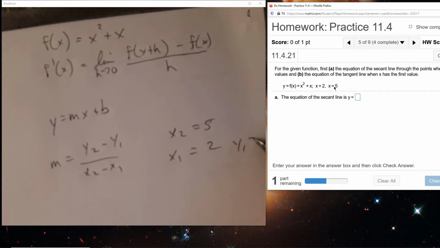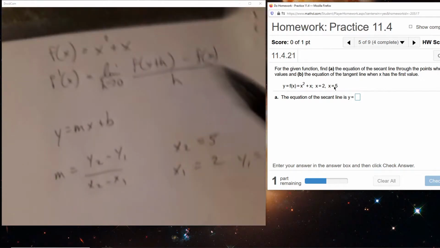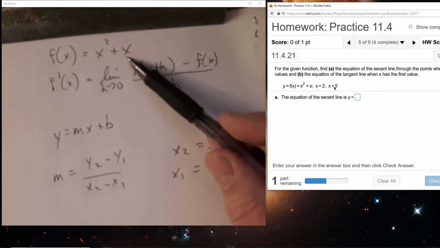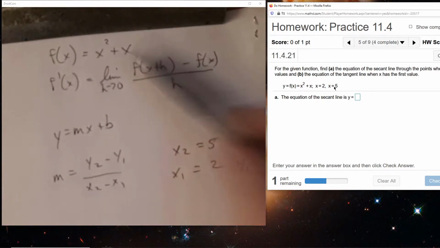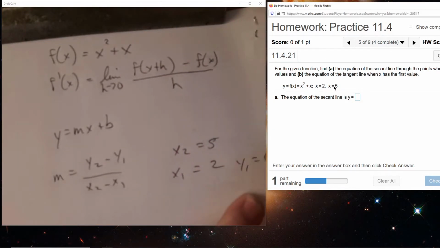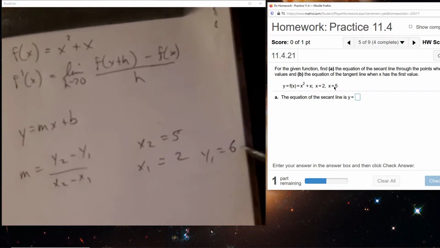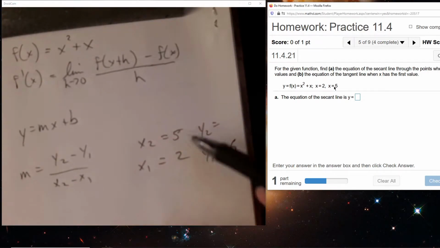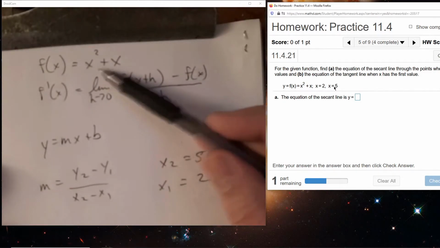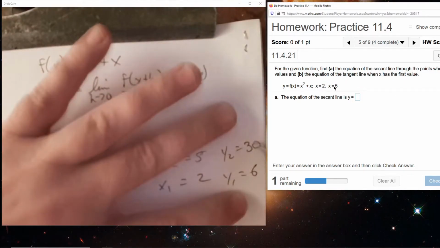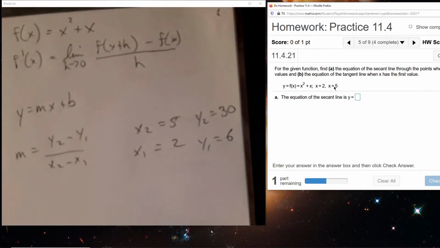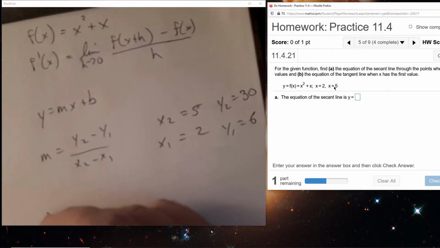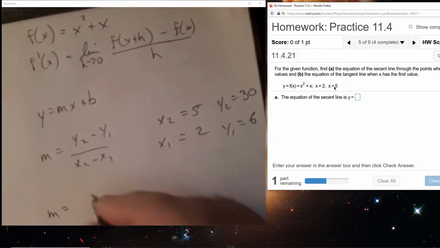If we plug 2 into the function, we'll get 2 squared plus 2, which is 6. So when we plug in 2, y1 is 6. How about x2, 5? If we plug in 5, we'll have 25 plus 5, which is 30. And so here's our x1, x2, y1, y2 that we can then plug into the slope formula.